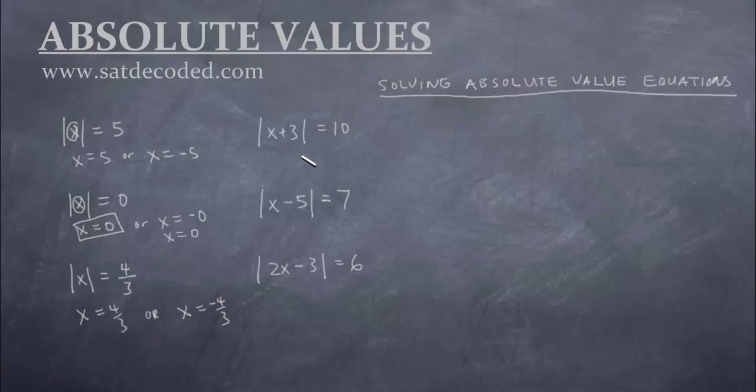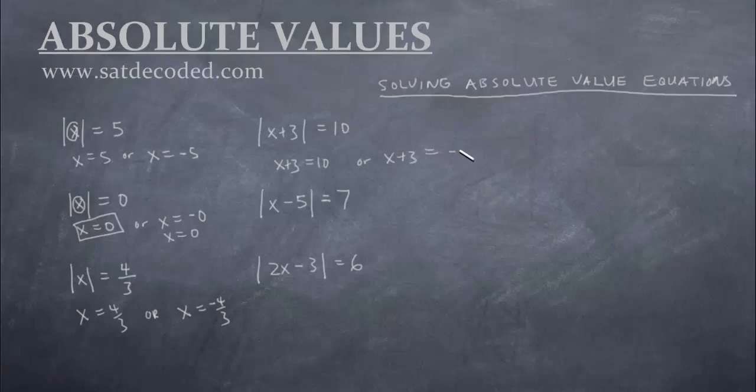The next one is a little bit more complicated, but not too bad either. This time it says the absolute value of the quantity x plus 3 equals 10. So again, you just write whatever is inside the absolute value bars exactly the way it is, but don't include the bars, equals 10. Or, remember, stuff inside the bars never changes, but you just write it without the bars, equals the opposite.